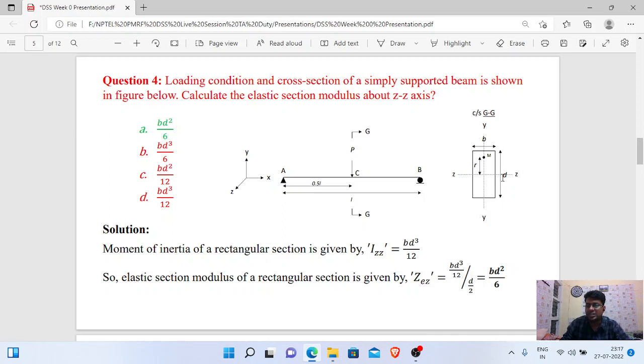So what is D by 2? D by 2 is the distance between this neutral axis, means this ZZ axis, and top or bottom of the rectangular section. So total depth is D, so this half depth is D by 2. So Zez is equal to BD cube upon 12 upon D by 2, that equals BD square by 6. So correct option is A.